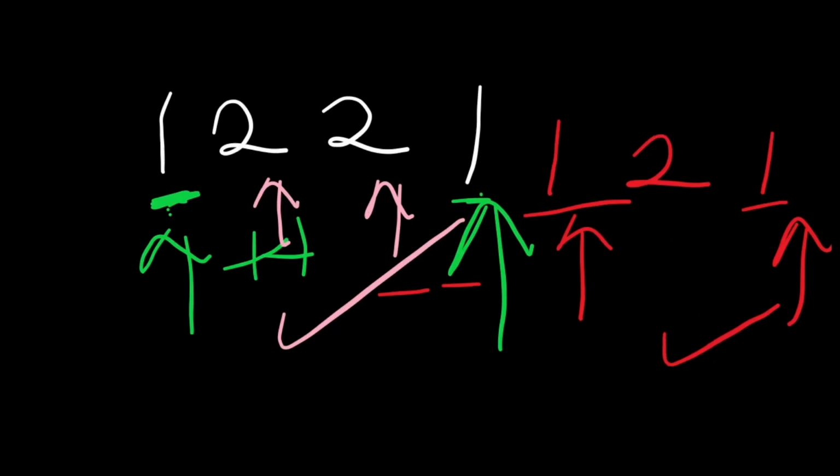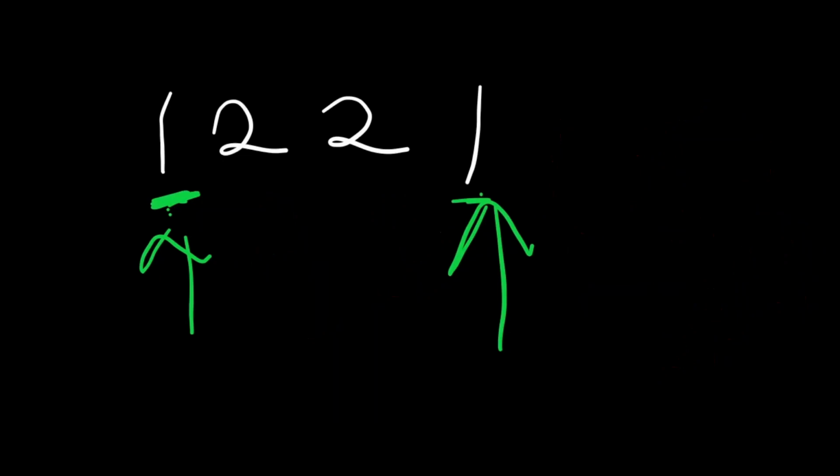But if we add only 1, 2, and the first pointer is here and the last pointer is here, we can see immediately that this is not a palindrome, and so this immediately returns false.